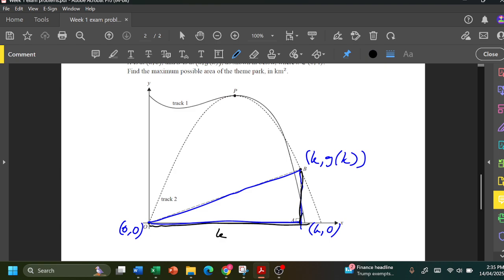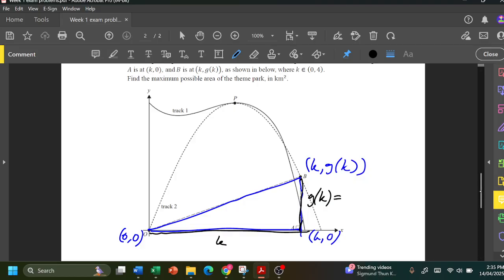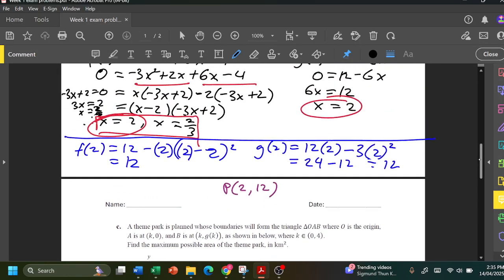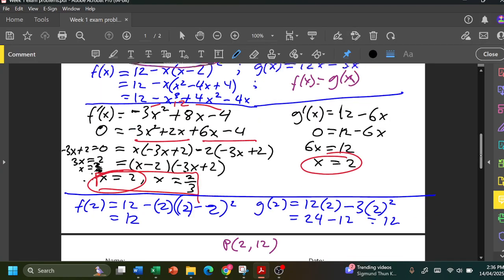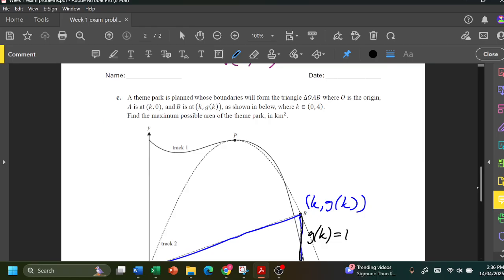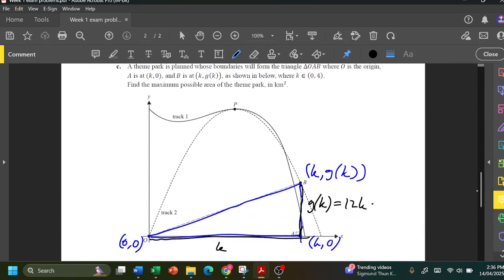And then this here is the value of g at the point k. And given that we're going to need to know that function, let's just remind ourselves of the function g. We had it up here, so g(k) is going to be equal to 12k minus 3k squared. That's just substituting in x equals k into g(x). Okay, so that's what we know.